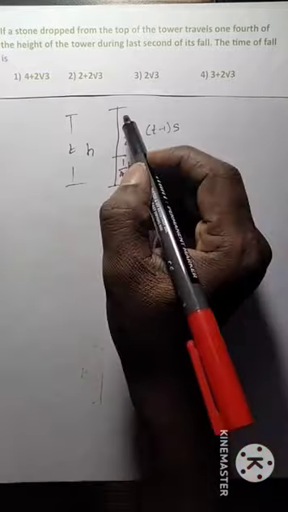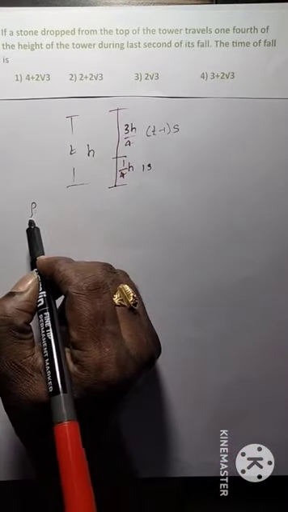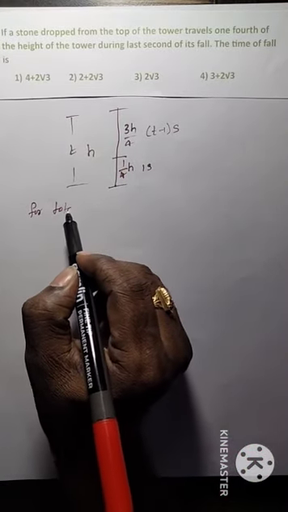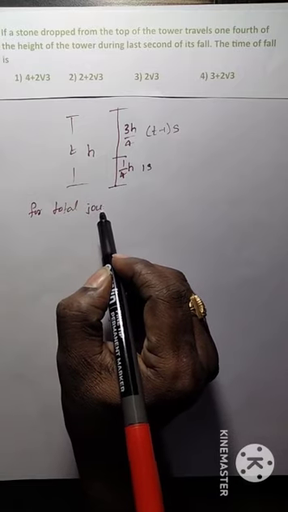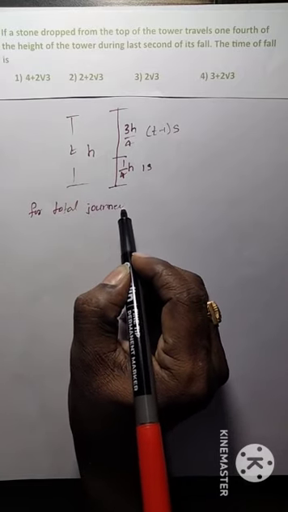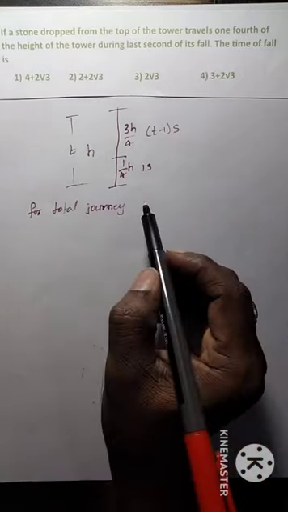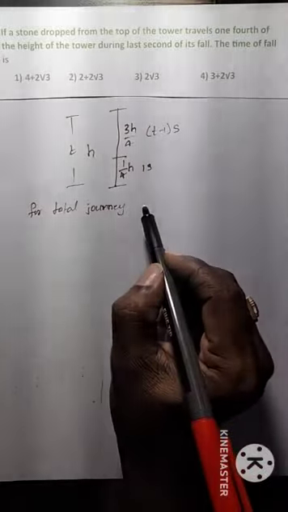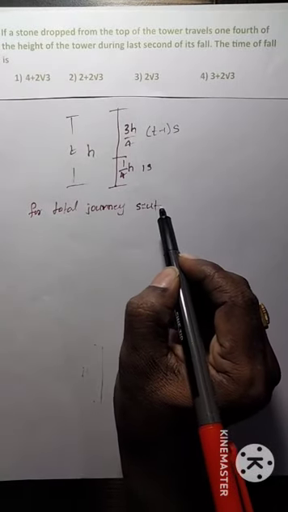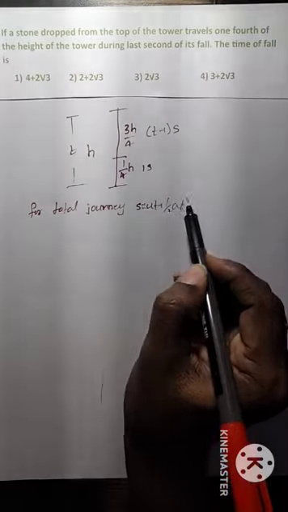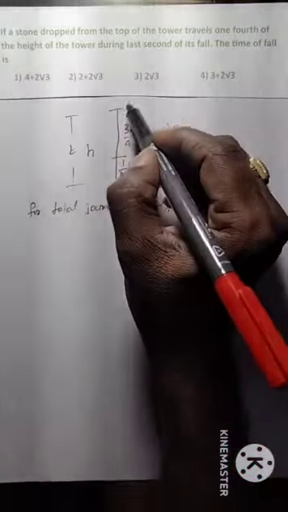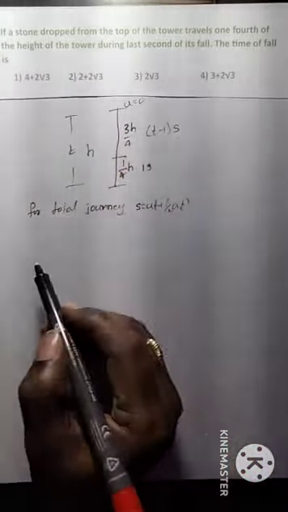So now for the total journey, if you are applying the equation s is equal to ut plus half at square, and it is dropped, in the sense its initial velocity is 0.